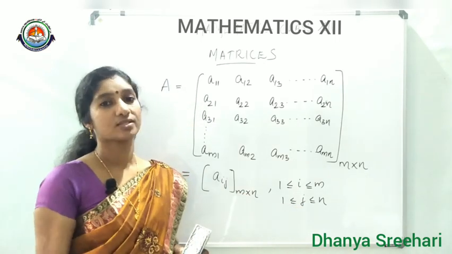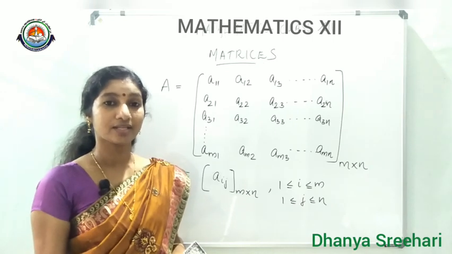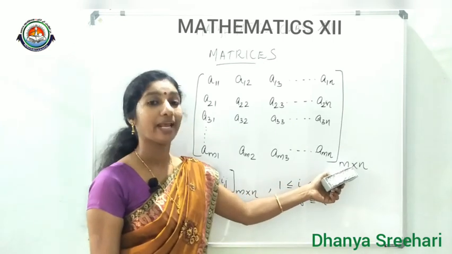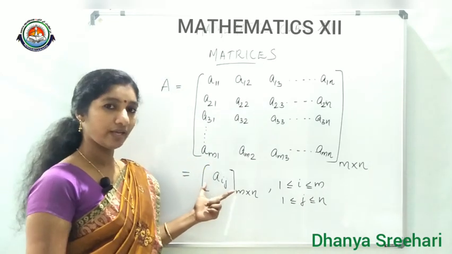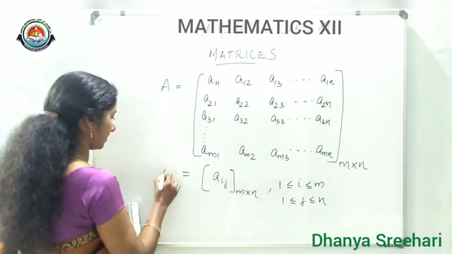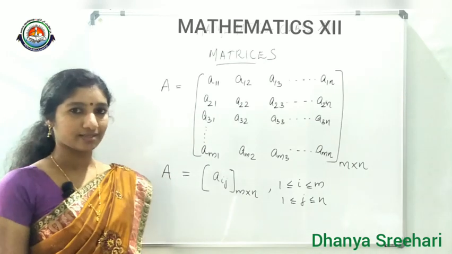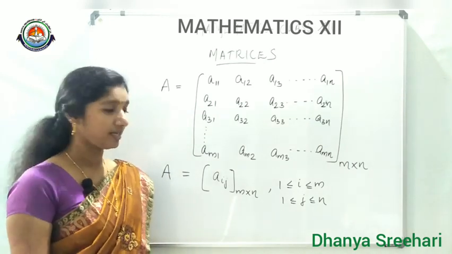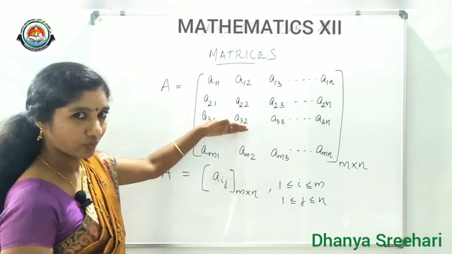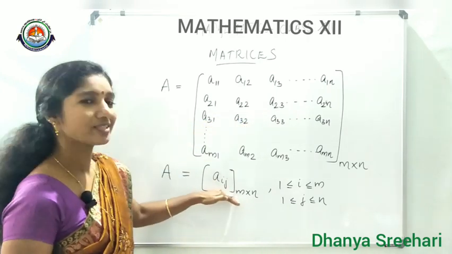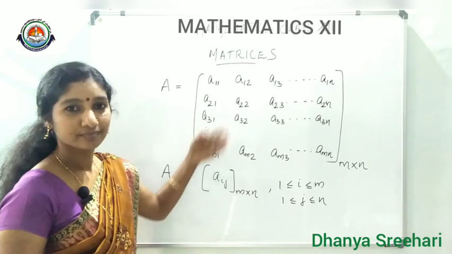How did we understand there are m rows? Because its order is given as m by n. It is an m by n matrix. So this is the general form of a matrix. Very important. A is equal to matrix Aij of order m by n. See, its expansion is this one, and its short form is this one. These two are the same.